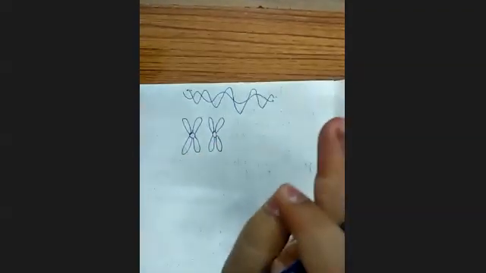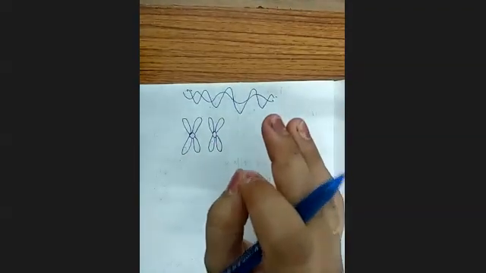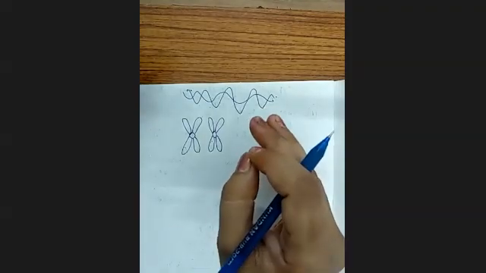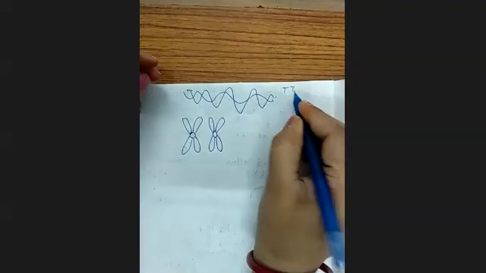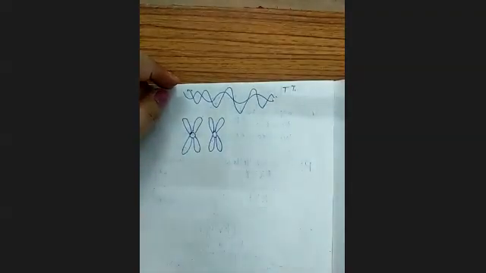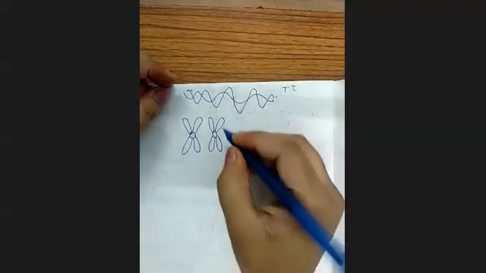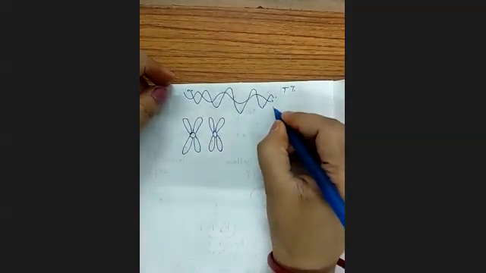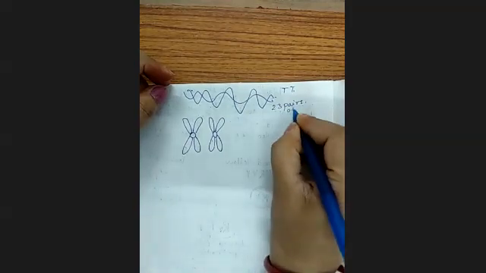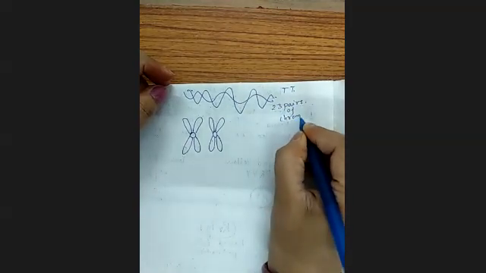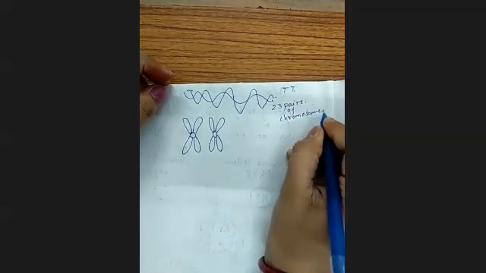Okay, so I will help you understand why we always take two letters together. We studied that we have 23 pairs of chromosomes in us.